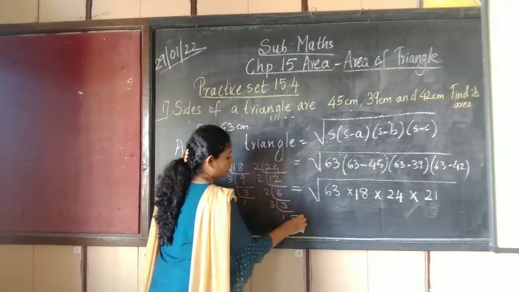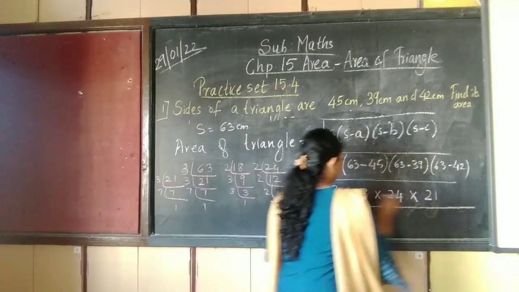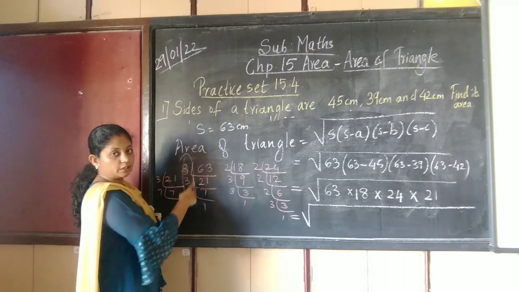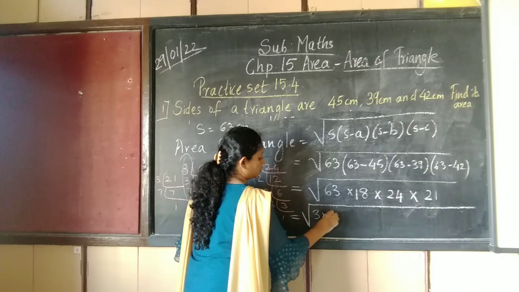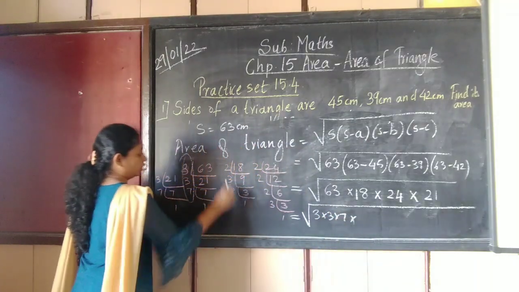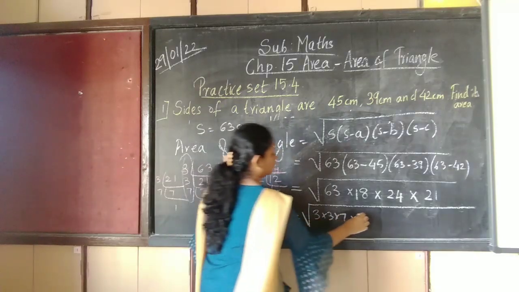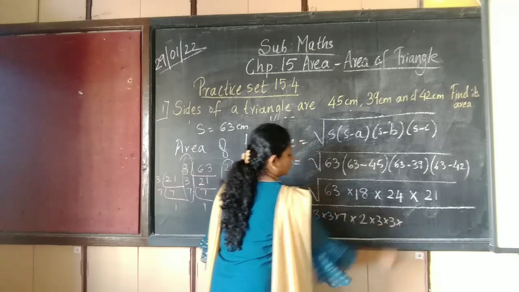So it is equal to square root of, for 63 what we got here, 3 into 3 into 7. So you have to write 3 into 3 into 7. For 18 what we got? 2 into 3 into 3. So you are going to write 2 into 3 into 3.